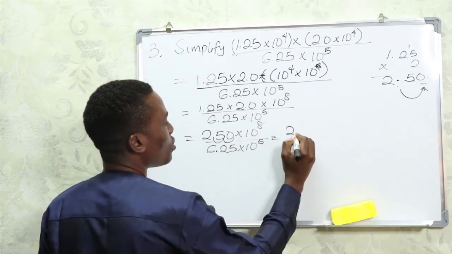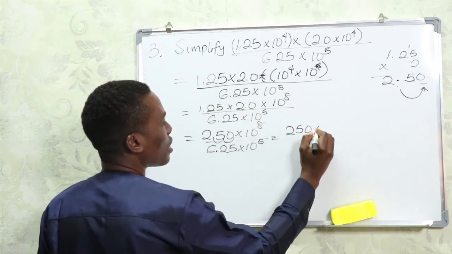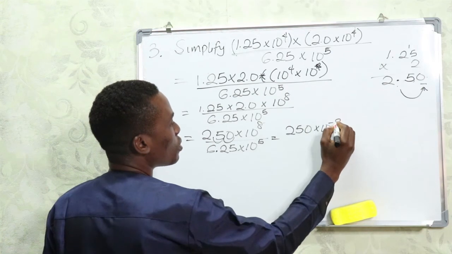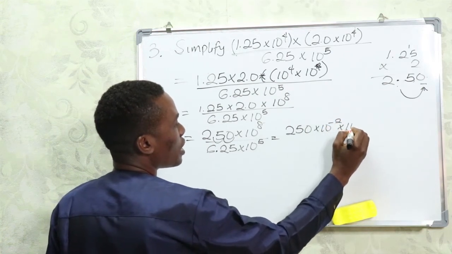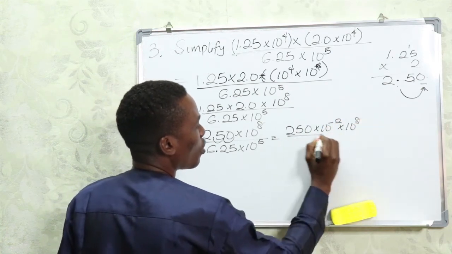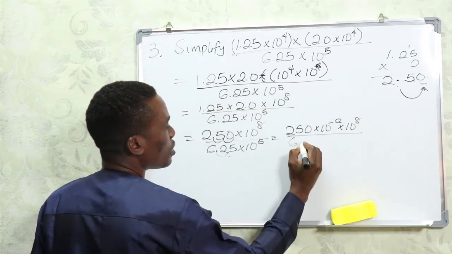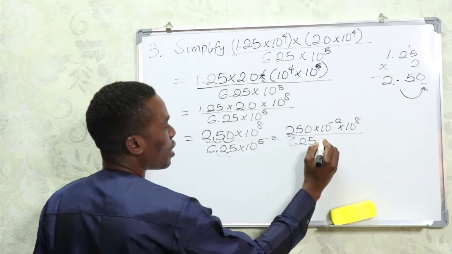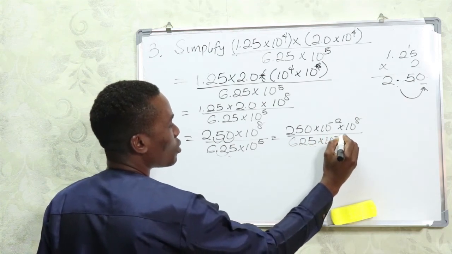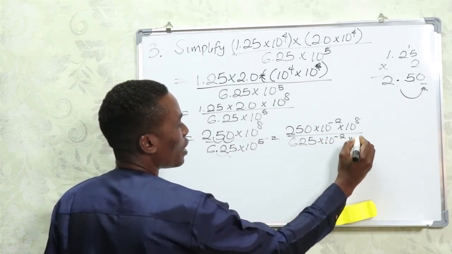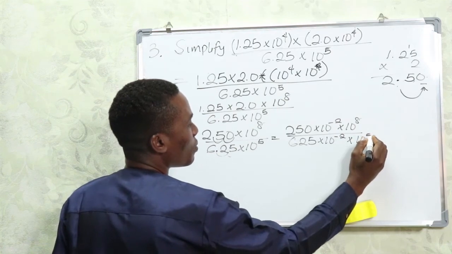That will give us 250 times 10 raised to the power minus 2 multiplied by 10 raised to the power 8 all over 625 times 10 raised to the power minus 2 multiplied by 10 raised to the power 5.